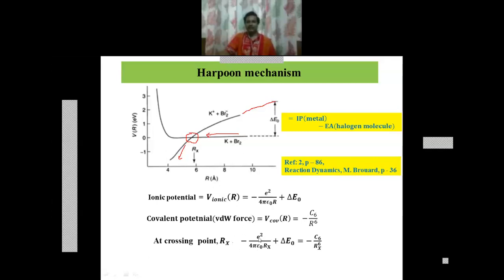Now, if you look at this curve and also realize that the van der Waals force on the right hand side is almost negligible, it can be taken to be 0, because if you look at this potential, there is a small dip here, but other than that it is like this. So, that is going to be 0, right.